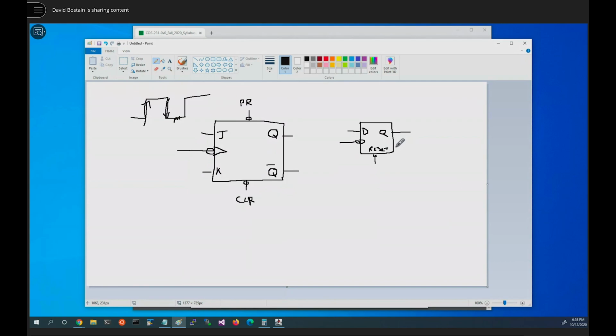What type of flip-flop is that? And what are its characteristics? Well, it might be a latch.